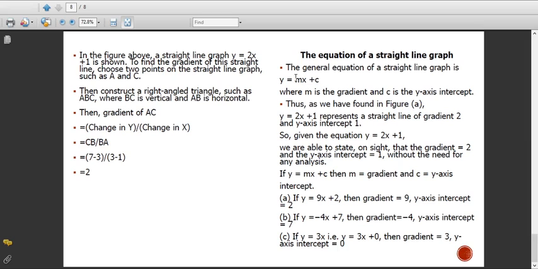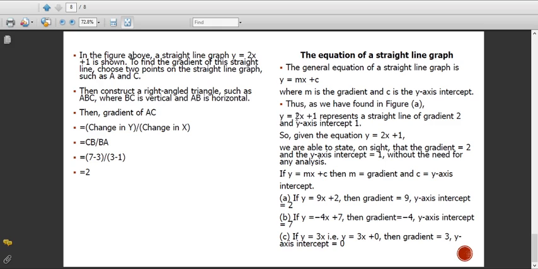From our general equation, m is always the gradient. So from this equation we can already read off the gradient instead of calculating it the manual way. So you can either go this way or just read it. If you have an equation of the line, you can just read it off.